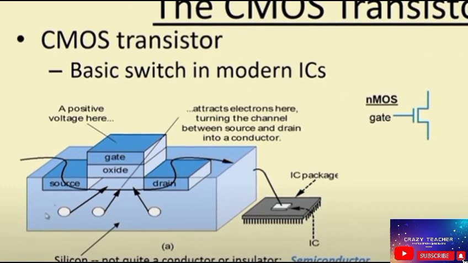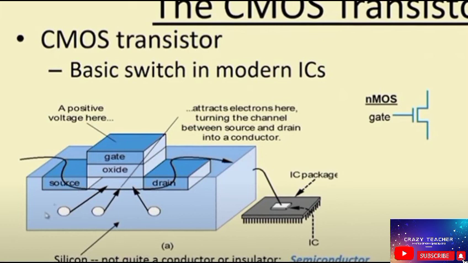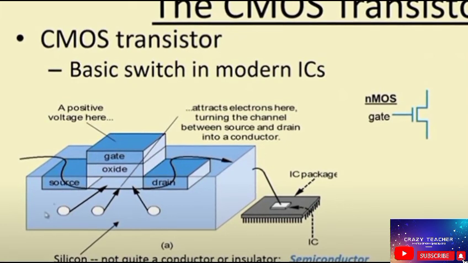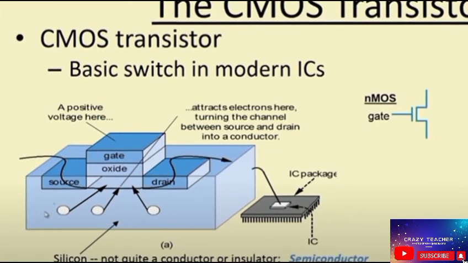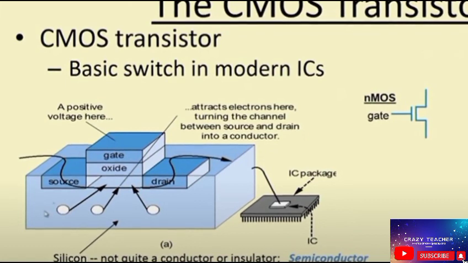So in one case it is working as a closed switch when this gate is high, so you will get connection from here to here. And in another case you will get an open situation where there is no connection from drain to source. So this way this transistor will behave in the form of a switch.